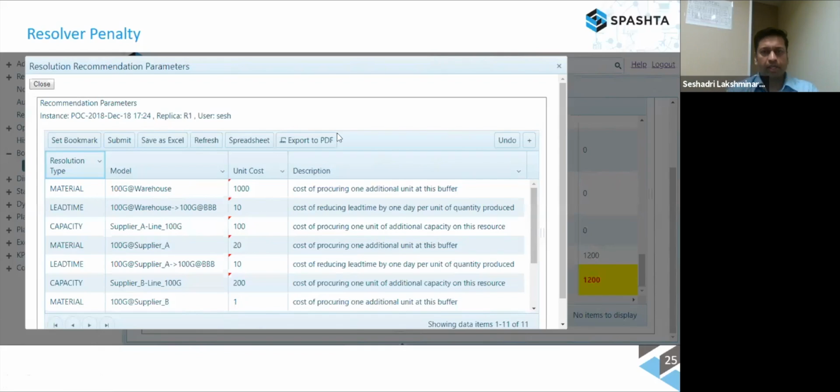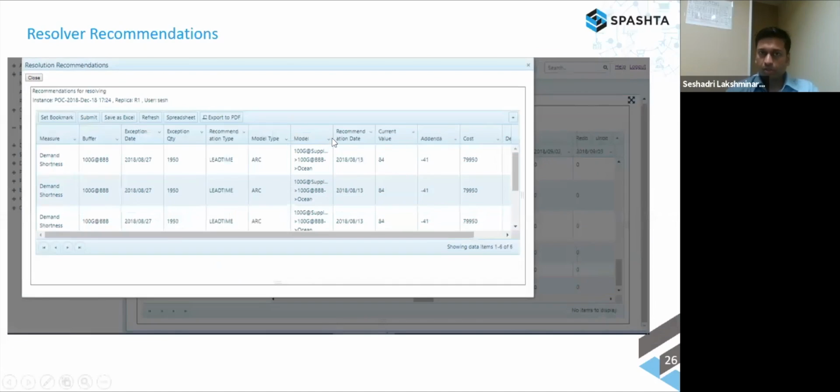And then I let the tool suggest what the action would be based on those costs, and I can then accept it or not.